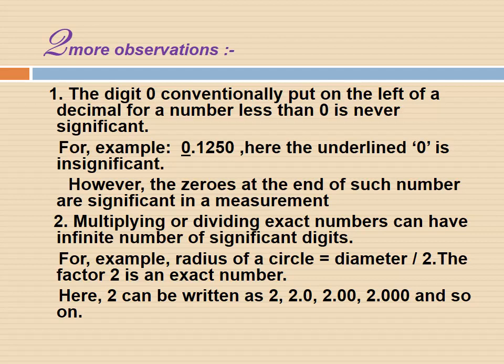Here the factor 2 is an exact number, and 2 can be written as 2, 2.0, 2.00, 2.000 and so on. Thus, the quantity diameter, when it is divided by 2, can have an infinite number of significant digits.